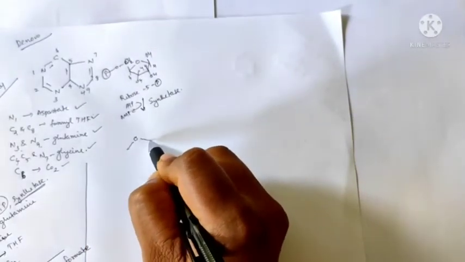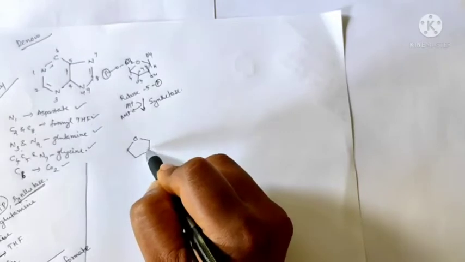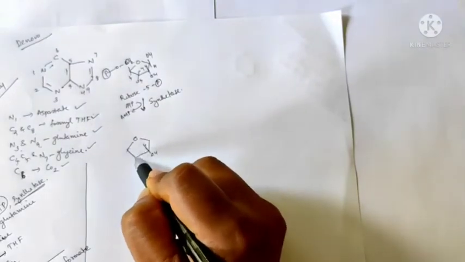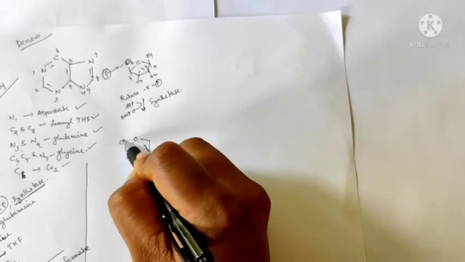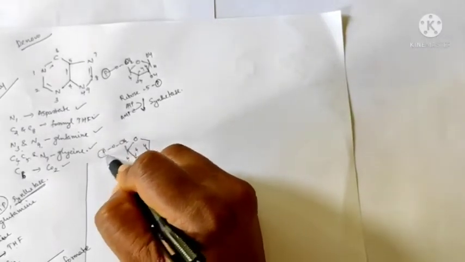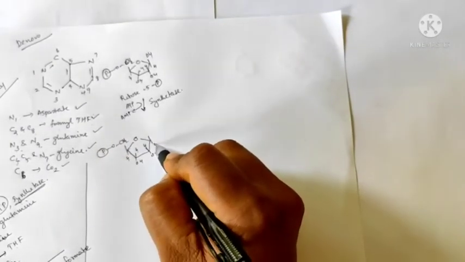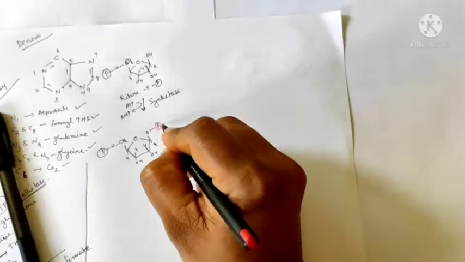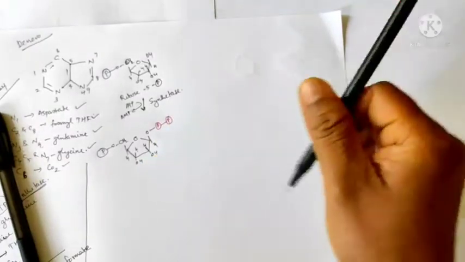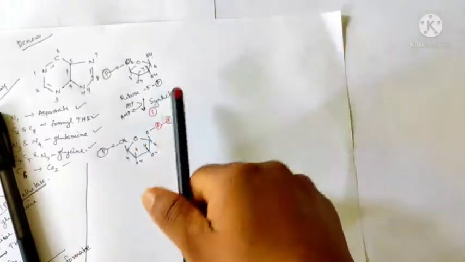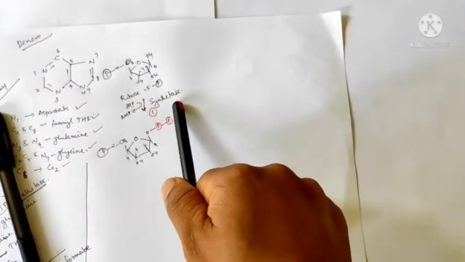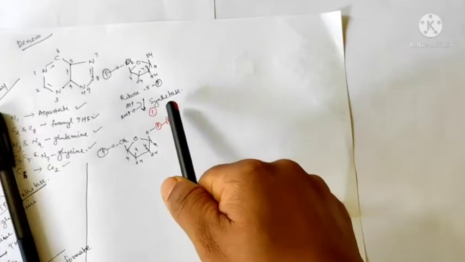So again I am drawing the ribose sugar, CH2O. Here the hydrogen is replaced by 2 phosphate groups. This is the change in the first step. Step 1 requires ATP and the enzyme catalyzing the reaction is synthetase.